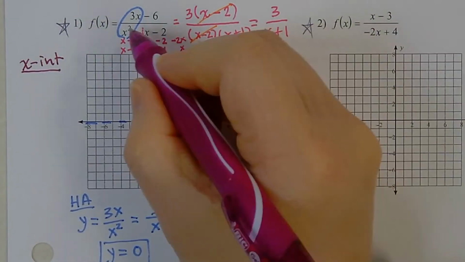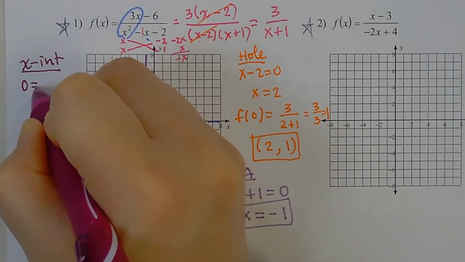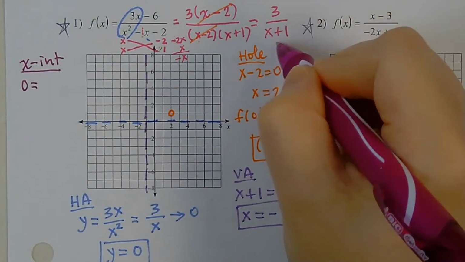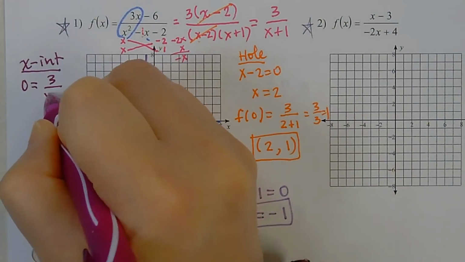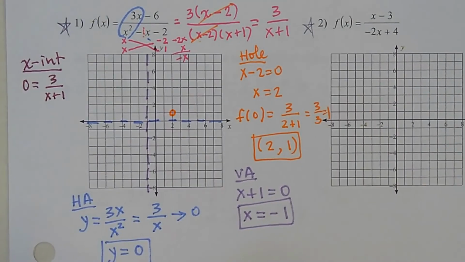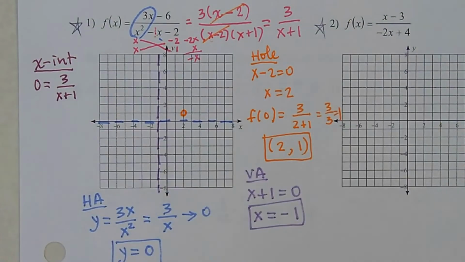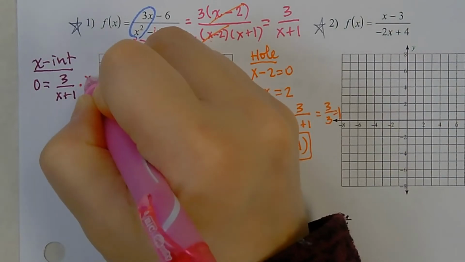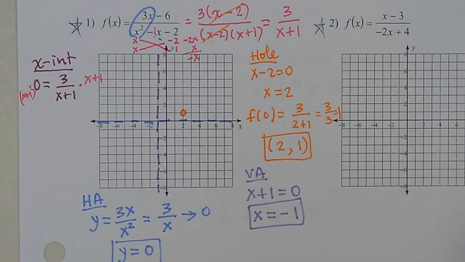So the x-intercept is going to be, remember if we're finding the x-intercept, we want y equal to 0. That's when y is equal to 0. And I'm going to use the simplified version here, so 0 equals 3 over x plus 1. So how do we solve for that? Remember, we're going to multiply both sides by the denominator, so times x plus 1 on both sides.